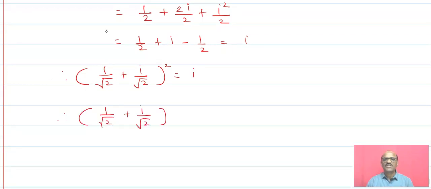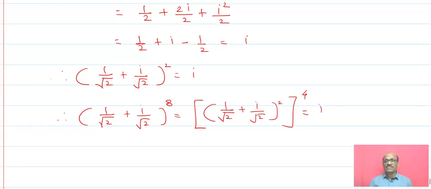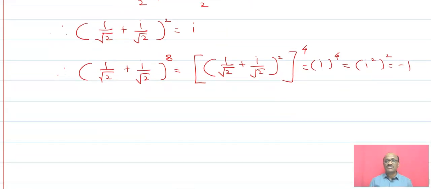Therefore, (1/√2 + i/√2) raised to 8 is equal to ((1/√2 + i/√2)²) raised to 4. Therefore, it is i raised to 4, and i raised to 4 is (i²)², that is equal to 1.